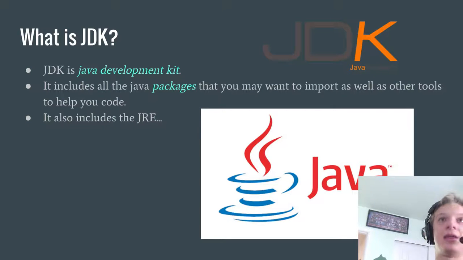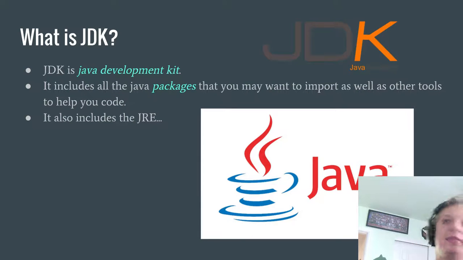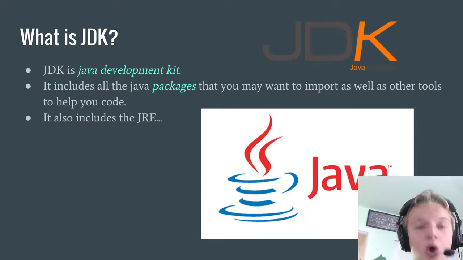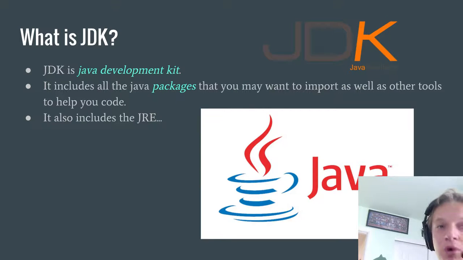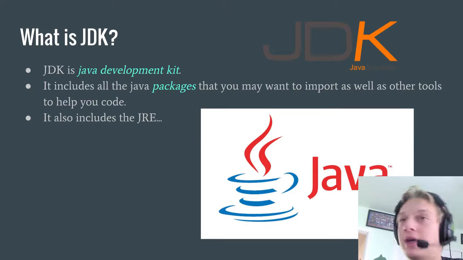So when we said download the IDE of Eclipse, you're also downloading the JDK. I believe it might have to be a separate download. But basically, it's the whole shebang, all the stuff that you need of the Java language. Anything you're going to import, and I don't remember if the compiler is in the JDK or the JRE, but it's in one of the two.